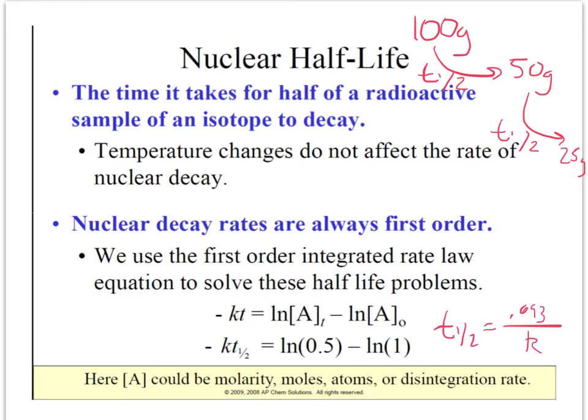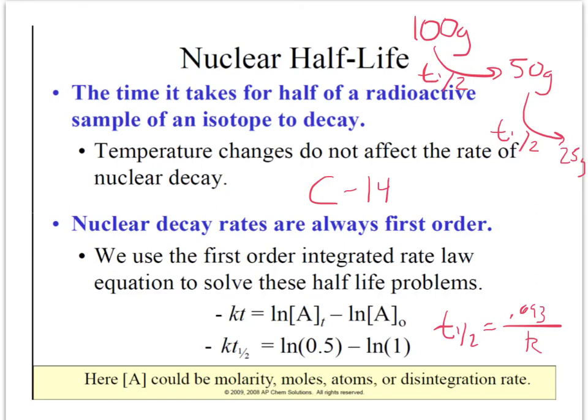So we actually use radioactive decay to set a lot of clocks, since it's so dependent on just its own concentration. We can use it to set time for clocks. If you've ever heard of nuclear clocks, that's what they're talking about. Carbon-14, which is carbon dating. The reason we can use carbon-14 to date things, see how old they are, is because we know exactly how long it takes carbon-14 to decay.